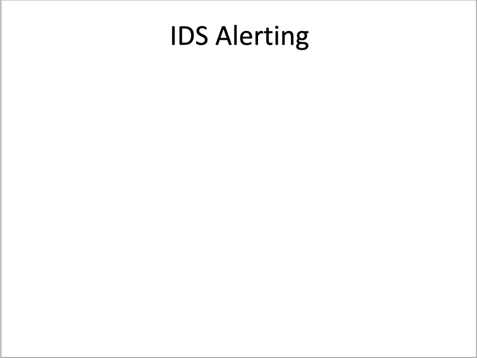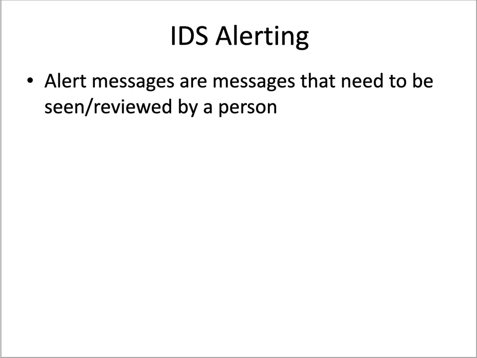Another topic the textbook talks about is alerting from an IDS system, and this would be alert messages that are generated that need to be seen or reviewed by a person. And there are many levels of severity, and therefore different ways to alert. You might even use a combination of these, especially if it's something really urgent.